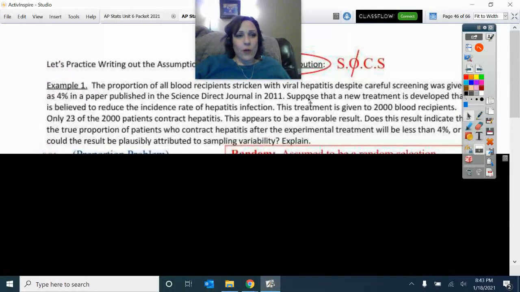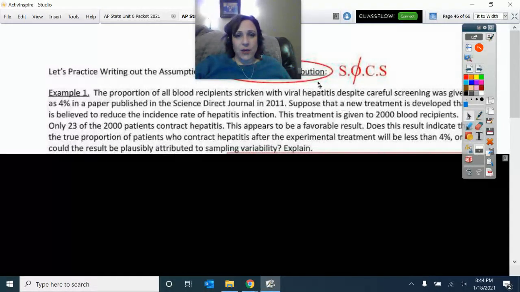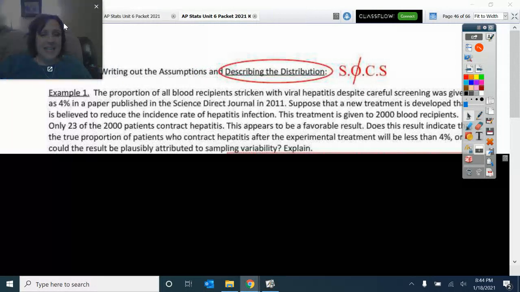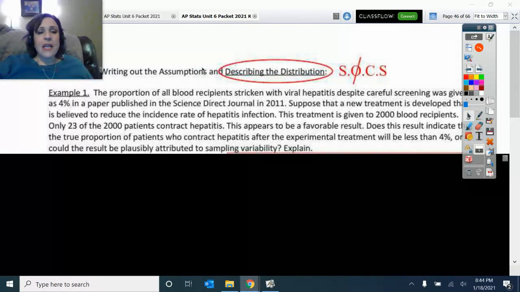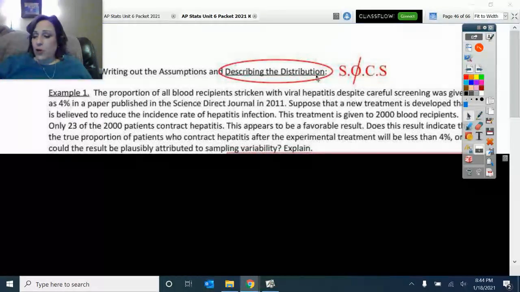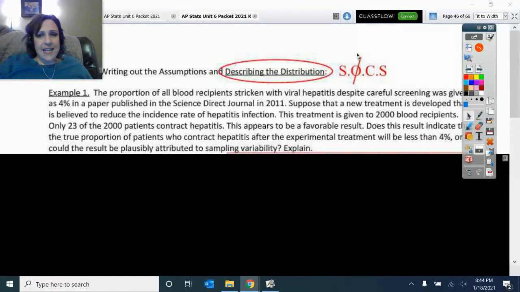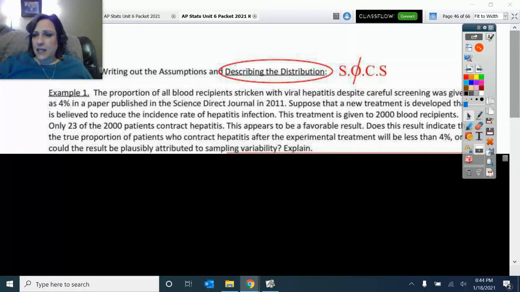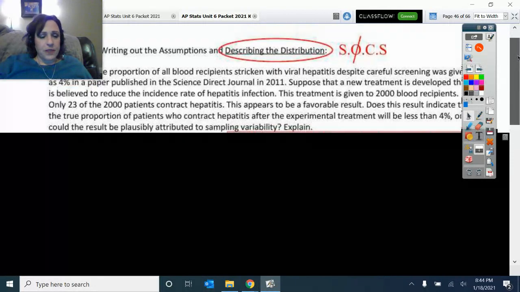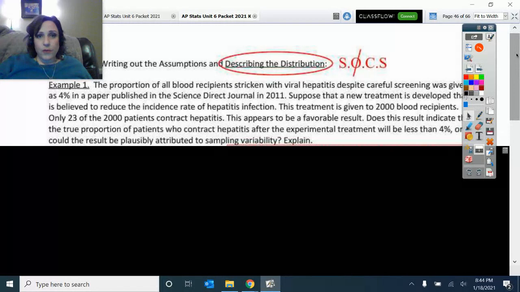We did the problem backwards: we understood the problem, and now we make sure we state the conditions for it. So we're going to describe the distribution. Remember, describing the distribution is our SOCS, but we don't have the outlier component here: shape, center, and spread.